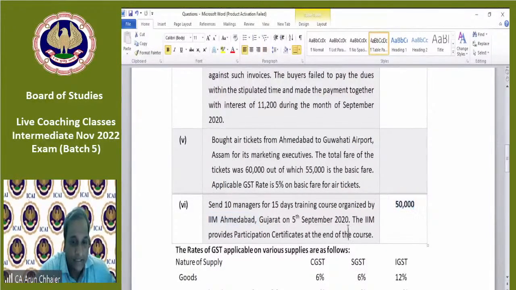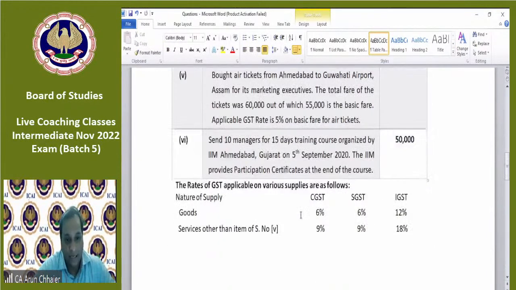Please tell me, will this transaction be taxable or exempt?